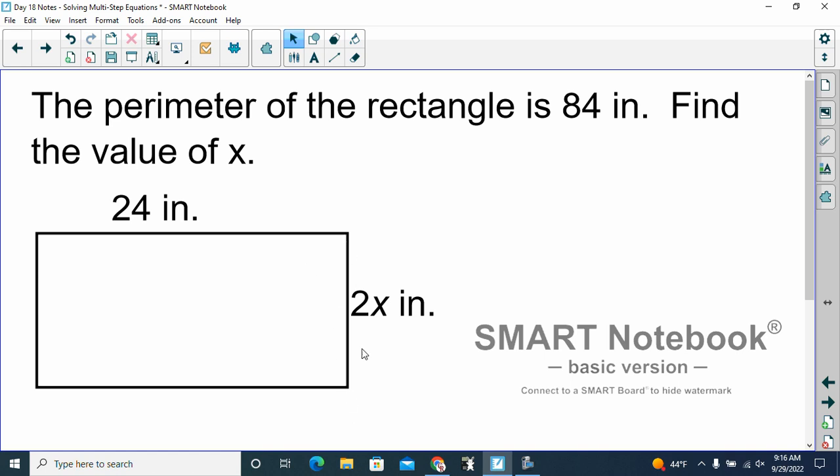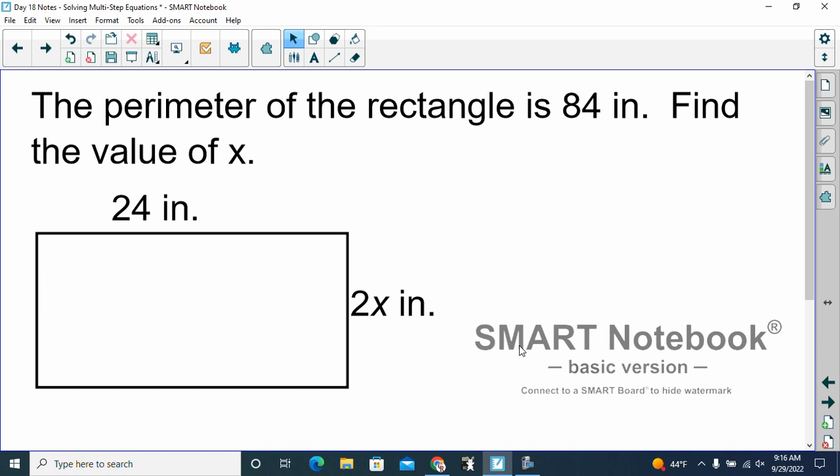And the width of the rectangle is 2x inches. We are asked to find the value of x. It gives us the figure there.